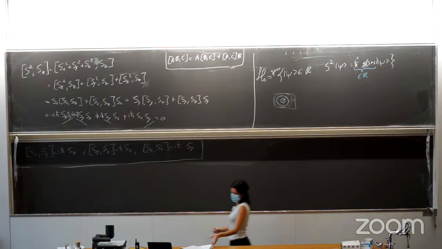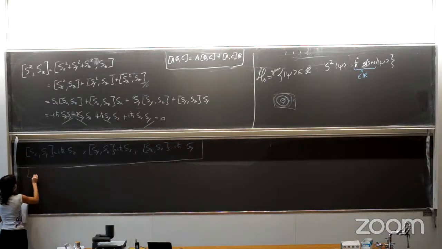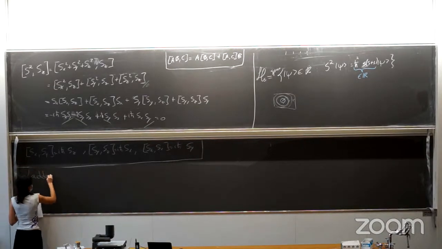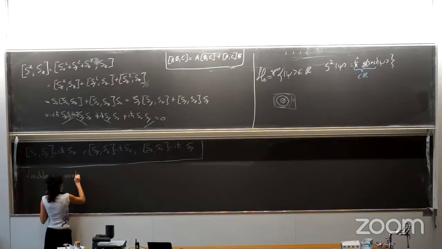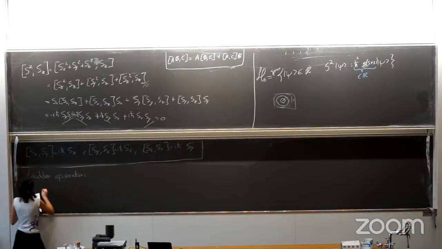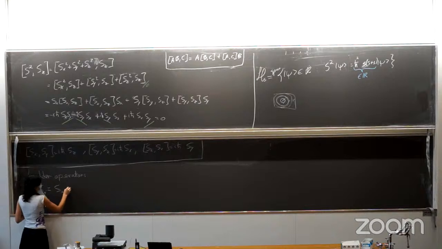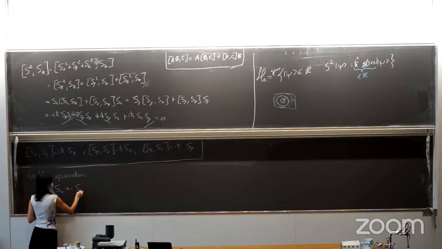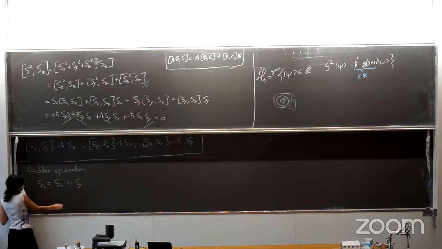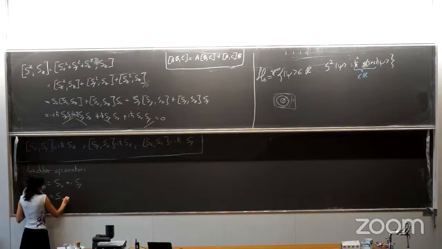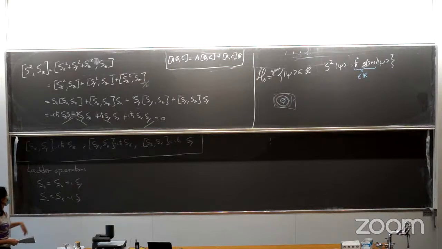S plus we define as Sx plus i Sy, and S minus as Sx minus i Sy. Remember, at the very beginning, we chose the basis of Sz to be the default basis. If we had chosen X, then we would put different operators here.